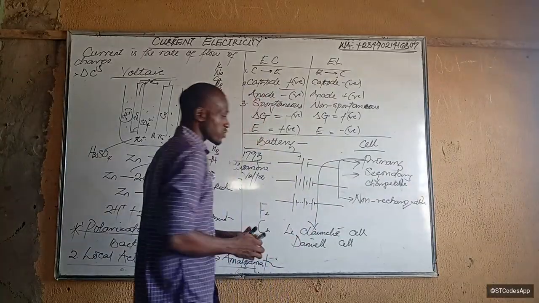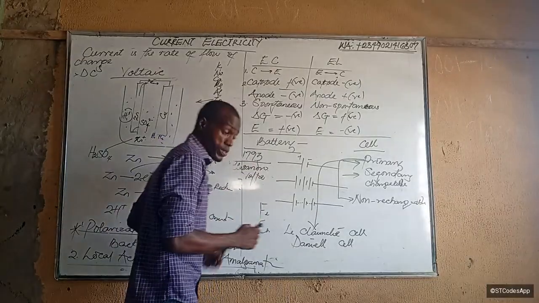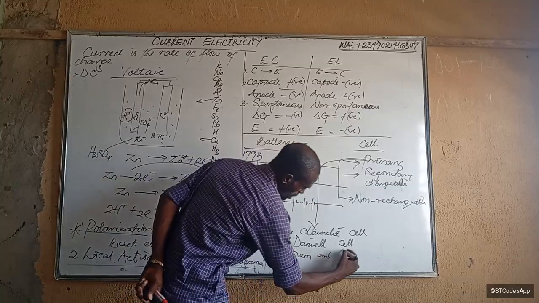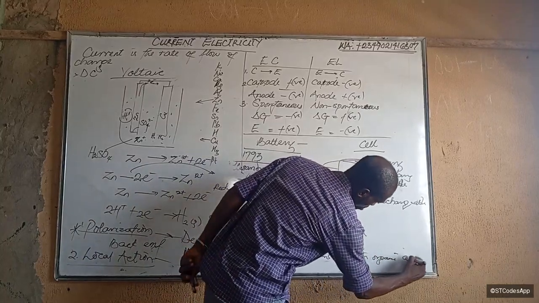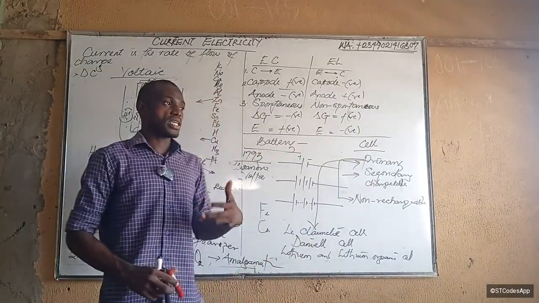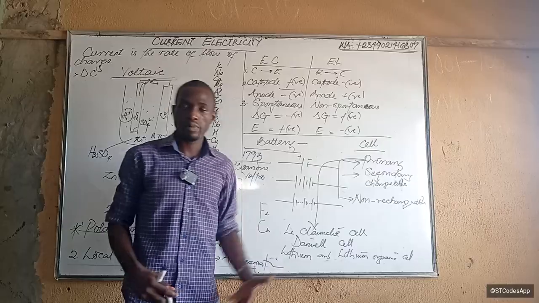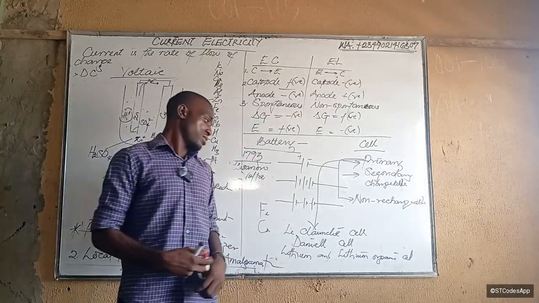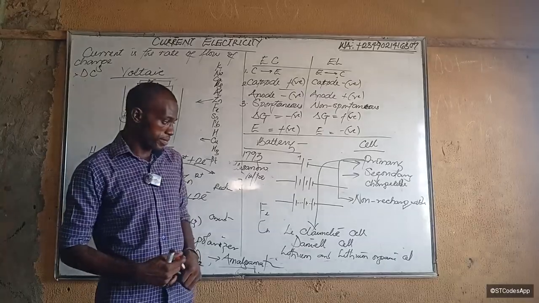One of the most efficient primary cells is the lithium organic and lithium inorganic cell. It has a high delivery rate, that is, it is very efficient in terms of how much power it can generate, and it doesn't get used up easily. So that's primarily it.